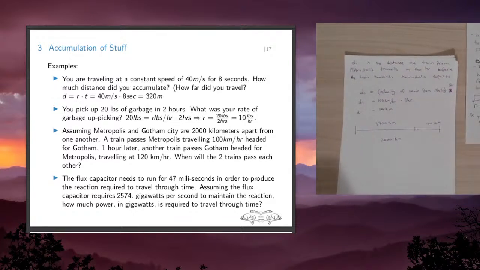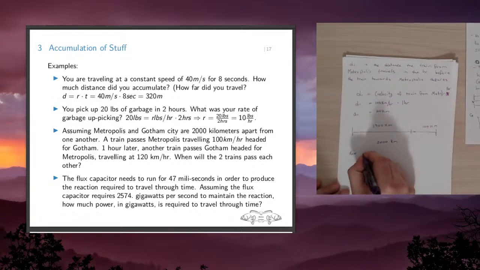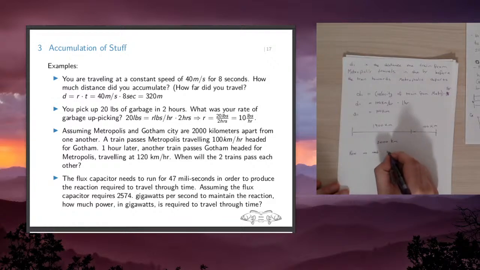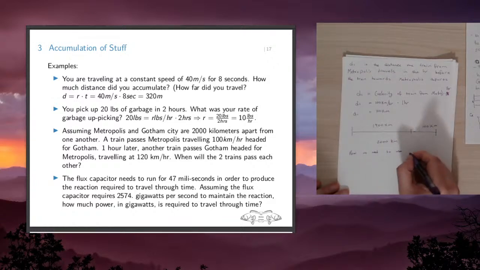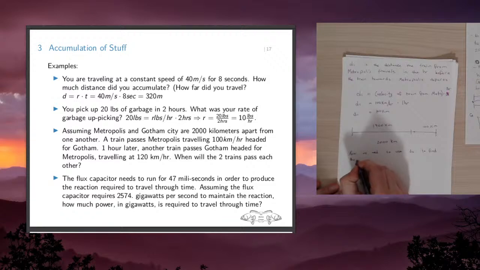So let's do the next one. Let's do this again. So now we've got to calculate d2. Well, we already know what d2 is, but let's use d2 to find the rest of the time, for lack of a better word.